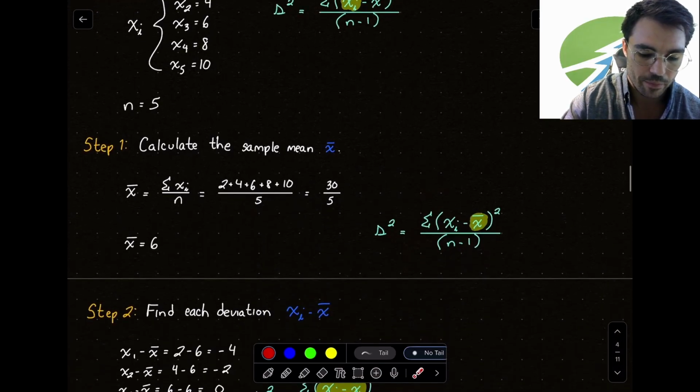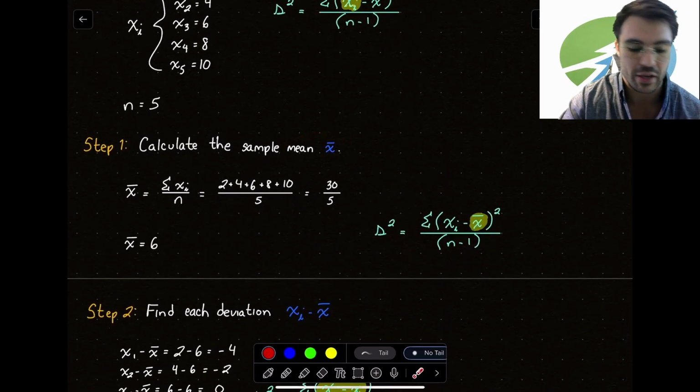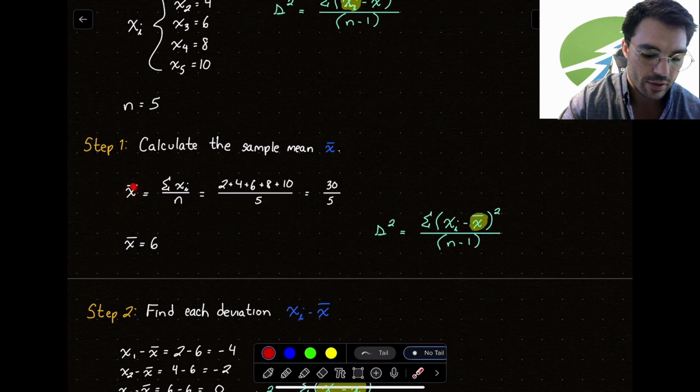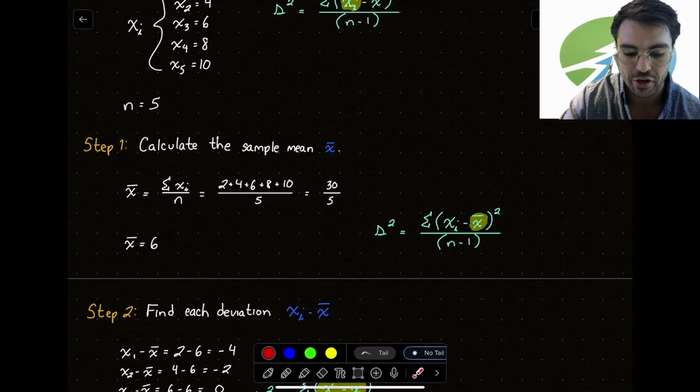Step 1, calculate the sample mean. Done this a million times. Our sample mean X bar is the sum of all of our observations divided by the number of observations, which is 2 plus 4 plus 6 plus 8 plus 10 divided by 5, which is 30 divided by 5. Our X bar, our mean, is 6. And that's this part of the equation right over here.